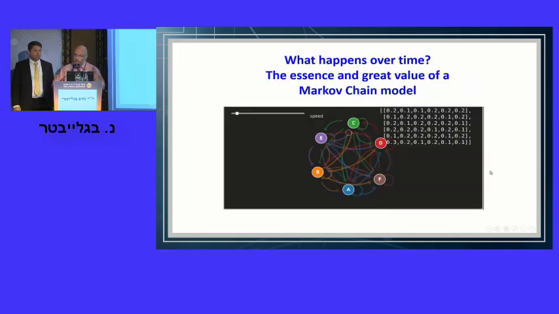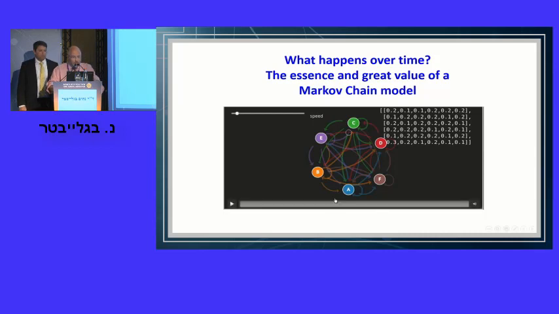Now, what happens over time? The essence and the great value of a Markov chain is that it enables you, by a simple mathematical procedure on that matrix, which we constructed, to see what will happen in a week, in a month, in a year, according to how you define your time cycle, and it goes like this.